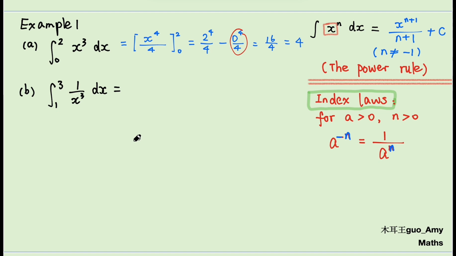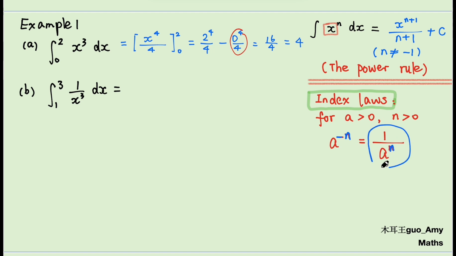Let's move on to part B. Here, the integrand is 1 over x to the power 3. By comparing with the power rule, we know they are not in the same form. Then we will need the index law to rewrite the function: a to the power negative n is equal to 1 over a to the power n.